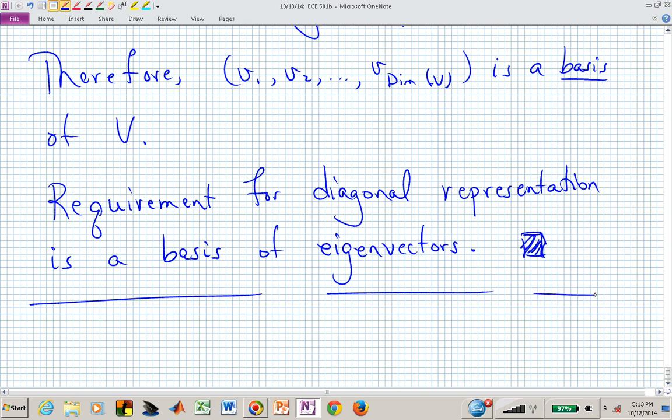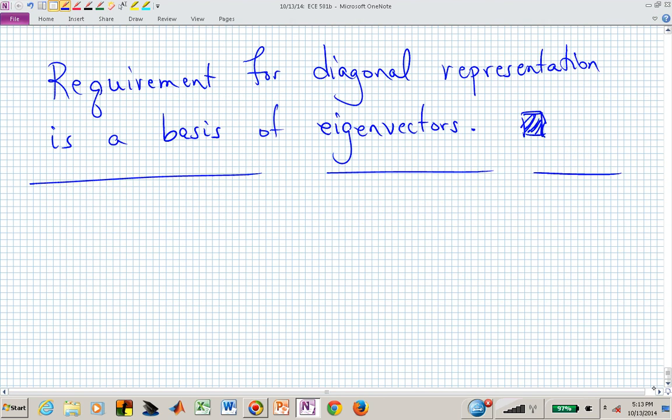Now, bear in mind that the converse is not necessarily true. Note that the converse is not true.